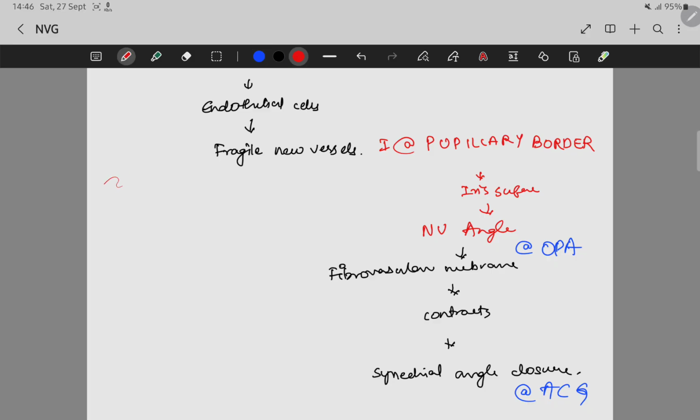First is the pre-rubeosis stage, stage 1. In this stage there are no signs of neovascularization; only the predisposing ocular or extraocular condition is present. Here we perform fluorescein iris angiography to detect this stage.